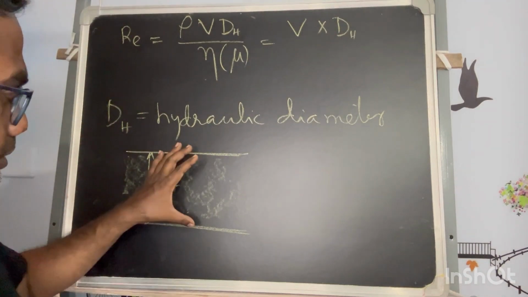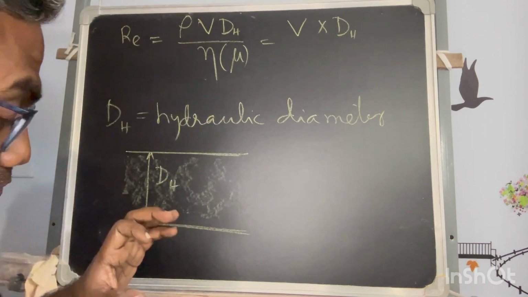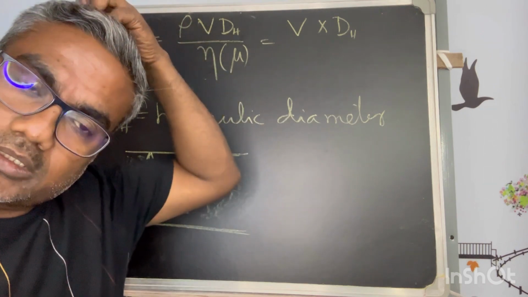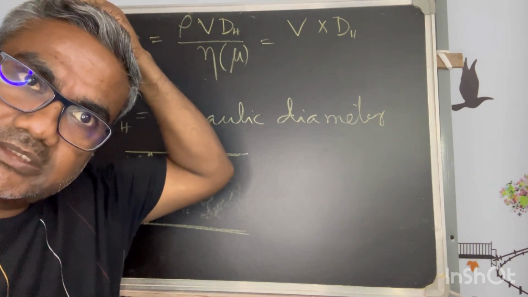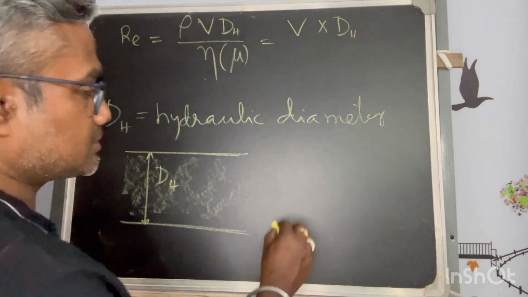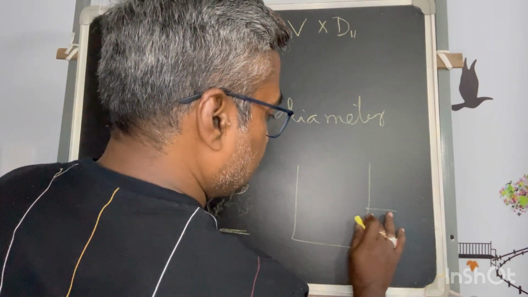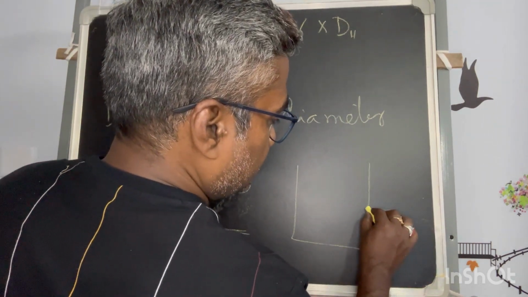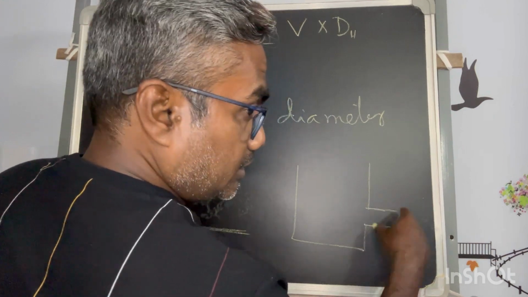Okay. Now this hydraulic diameter, in case of fluid flowing, depends on the state of flow. We'll consider steady state flow. Sometimes it may happen that the fluid is flowing through some opening on a reservoir; initially it will take the diameter of the pipe.